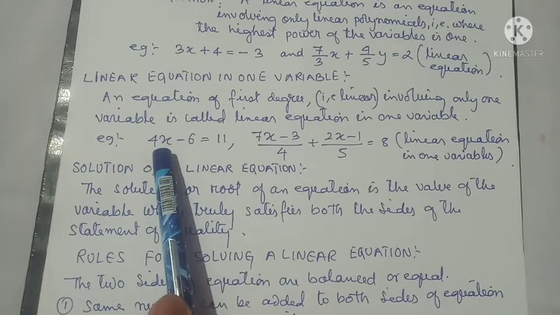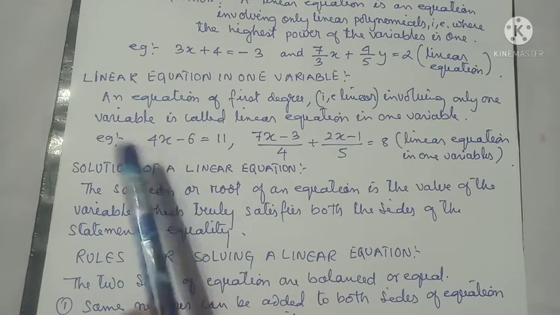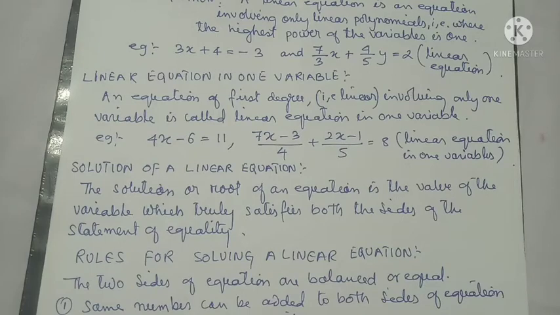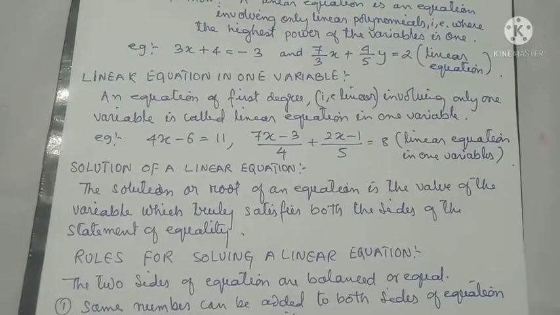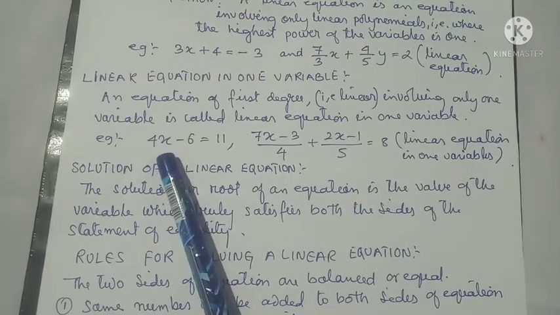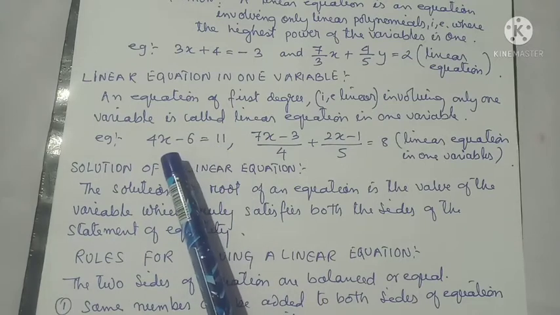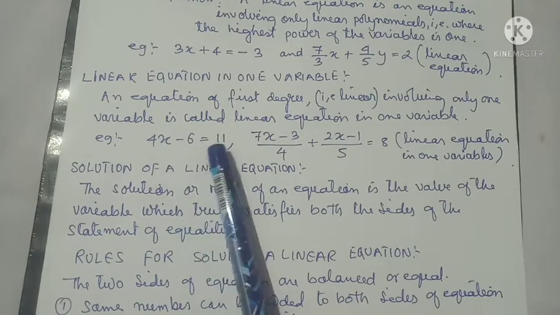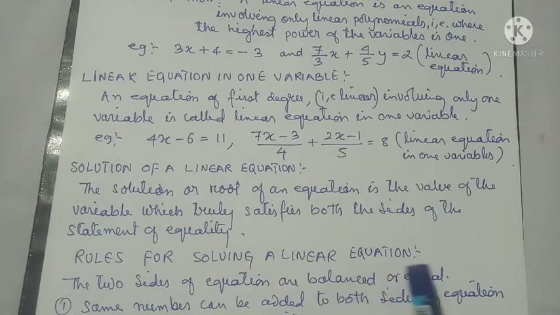See here, what number we have to multiply by. We have to find the value of the variable which makes the left hand side and the right hand side equal.